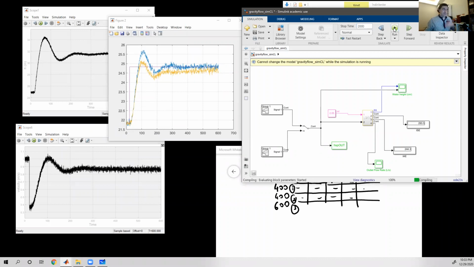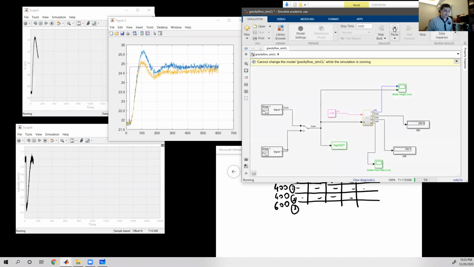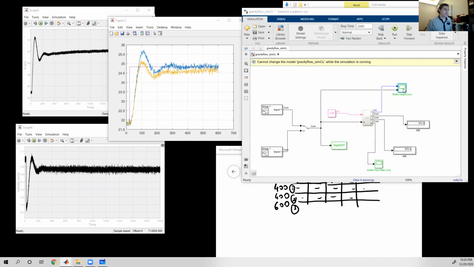If I simulate the system for 2000 seconds, this time let me show the result. This doesn't give a very good visual understanding. Yes, now this is better.